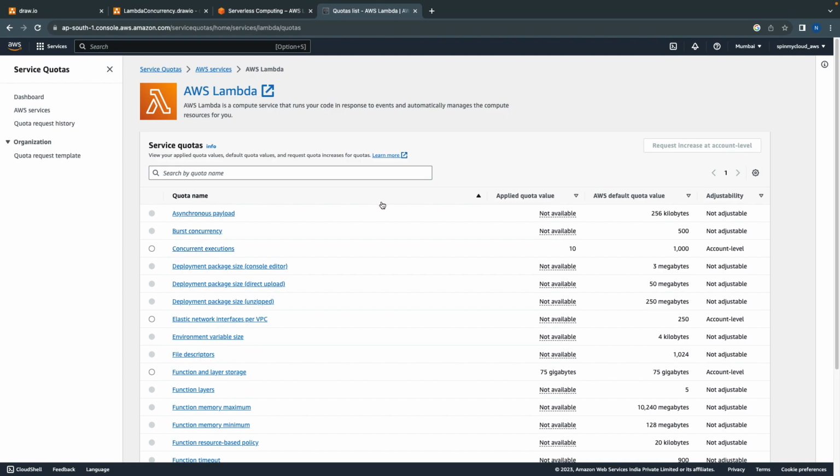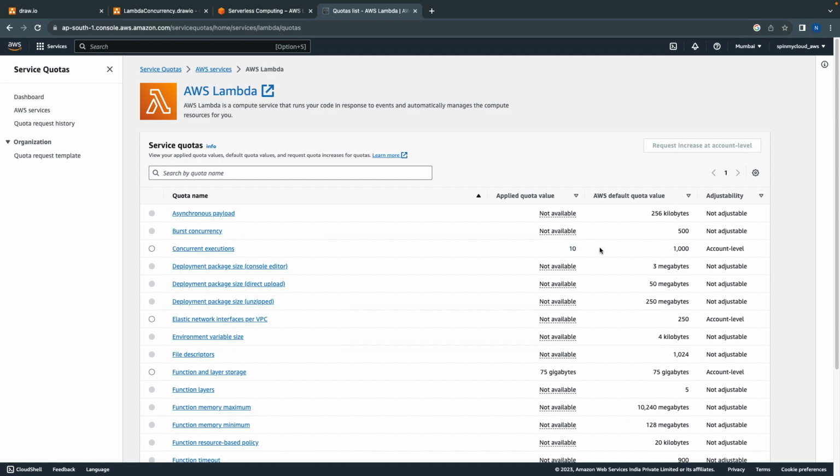I'm in my AWS account in one of the regions, and in the service quotas, AWS has applied a quota of 10 concurrent executions allowed for my Lambda functions. Even though its default quota value is 1000, it is applied as 10. So which means if I provision a Lambda function, it can scale up to a maximum of only 10.